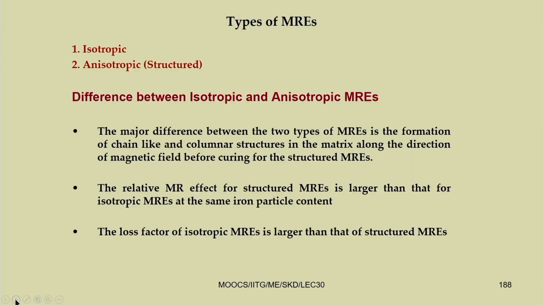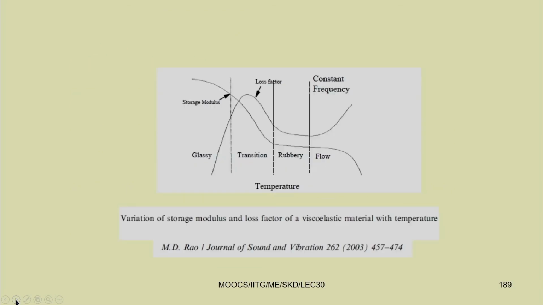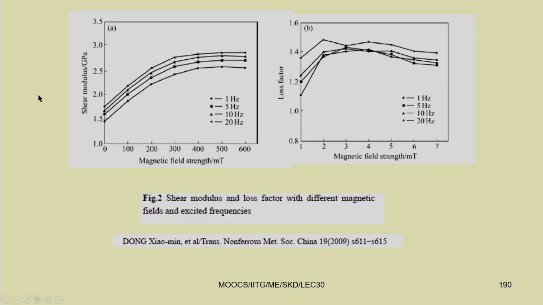There are two different types of MRE, one is the isotropic MRE, the second one is the anisotropic MRE, and you can see that by applying temperature we can change the loss factor and storage modulus. Similarly, by applying a magnetic field we can also get different shear modulus and loss factor. This is the magnetic field strength.